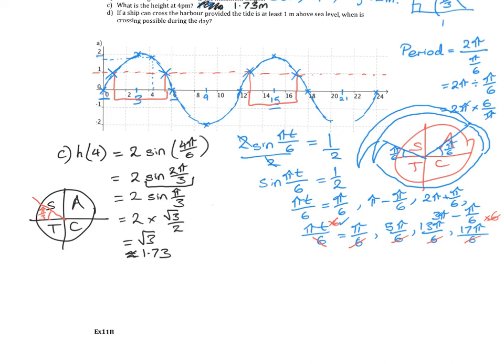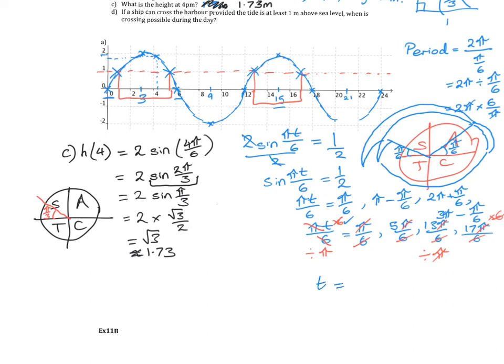But then I also want to get rid of this pi, so I need to divide by pi on this side as well. All the pi's cancel out again, and I'm left with t equals, well, both of these have cancelled out, so it's just 1. And then we get 5, 13, and 17.